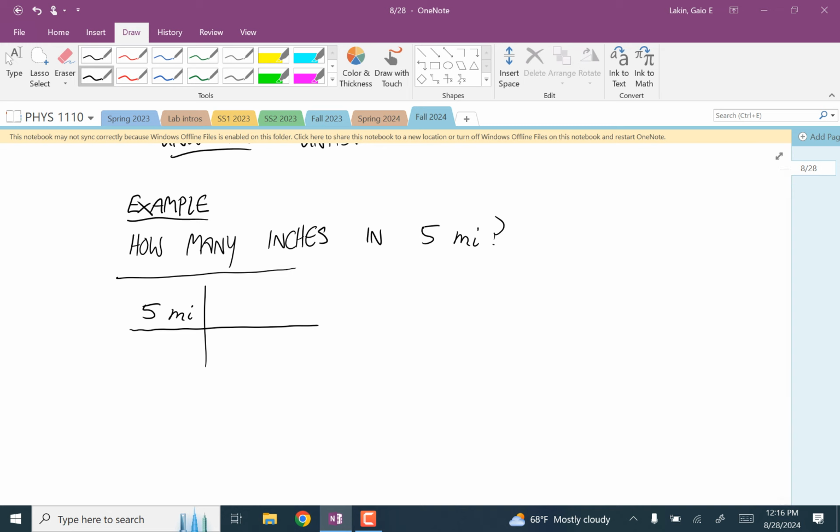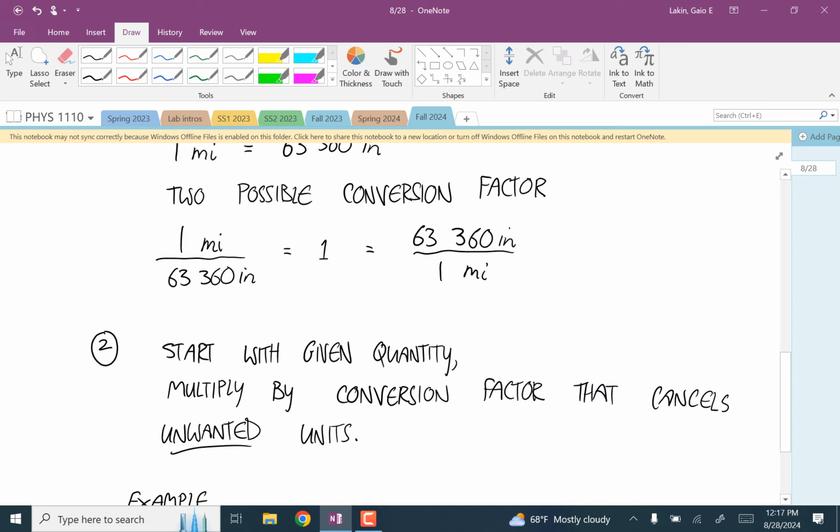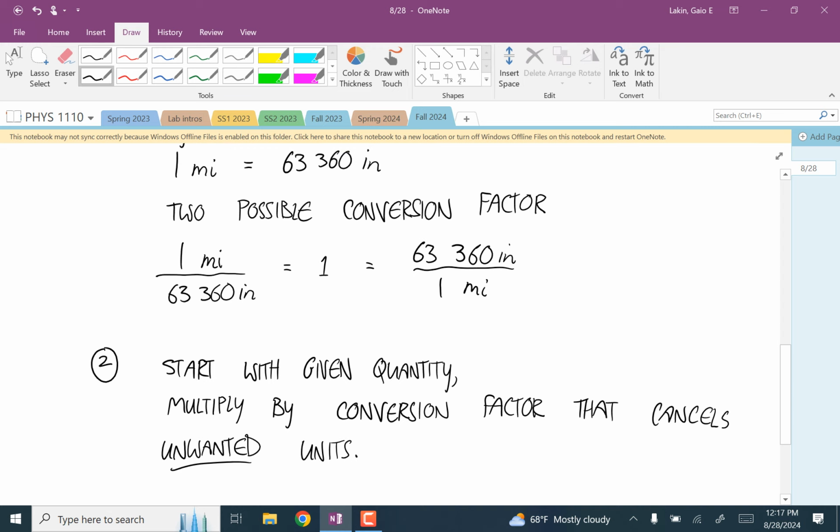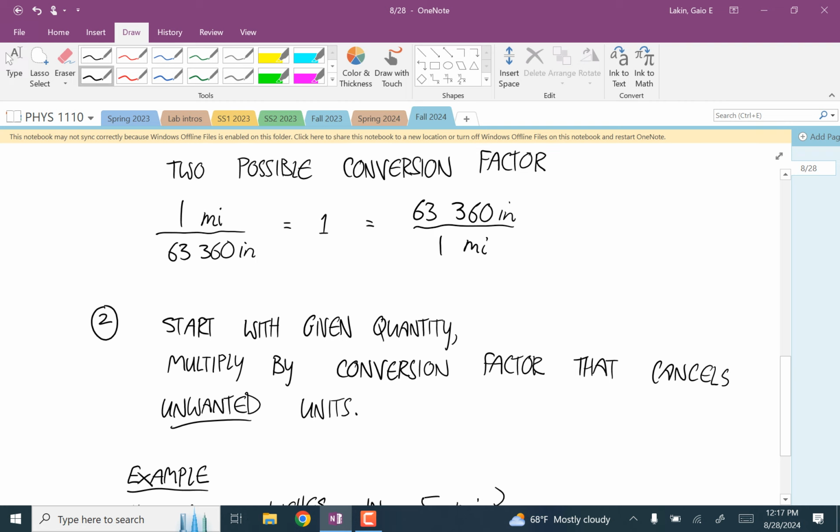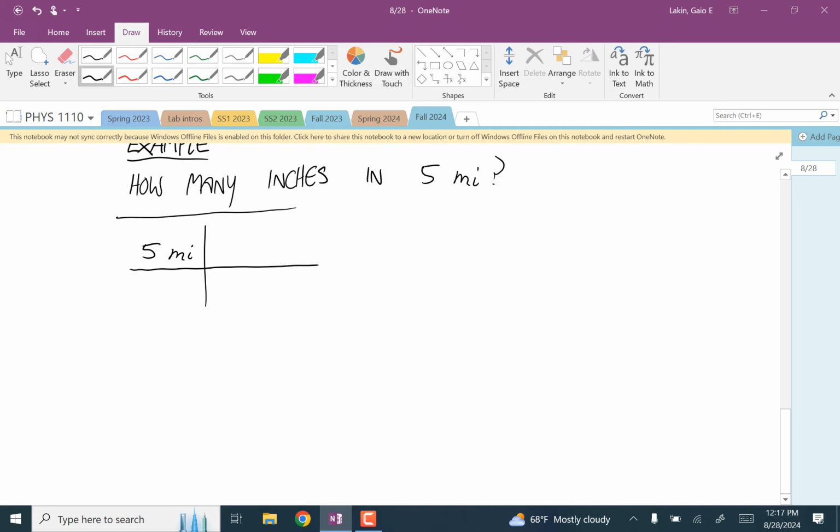Okay, so if we're trying to cancel miles in the numerator of this fraction, do I want the miles of my conversion factor to be in the numerator, like this one, or the denominator, like this one? Denominator, yep. So I'm going to multiply it by 63,360 inches over 1 mile.